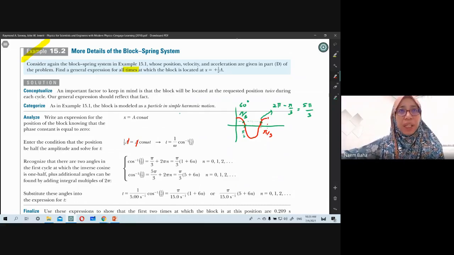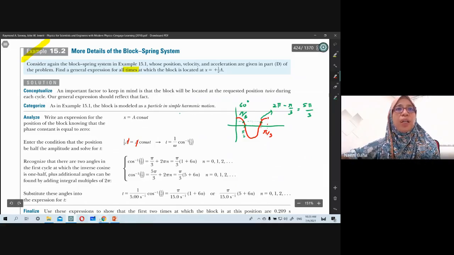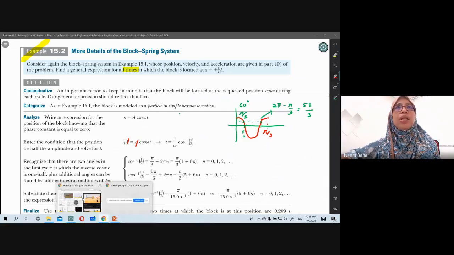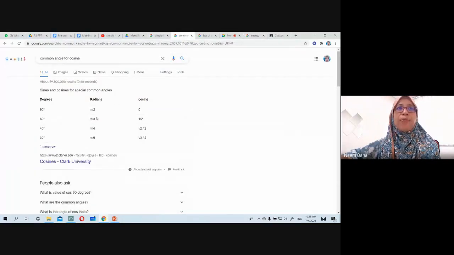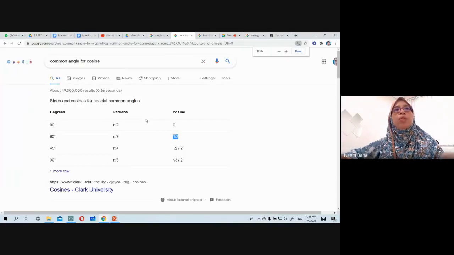Now, when you arrive here, it should be very helpful if you refer to these common angles. Having cosine 1 over 2, it should portray that the radian angle is pi over 3.